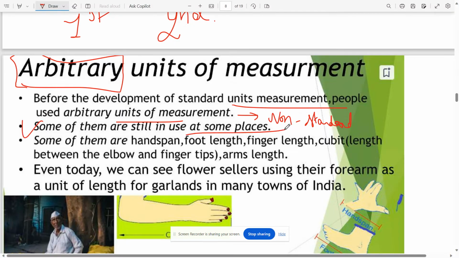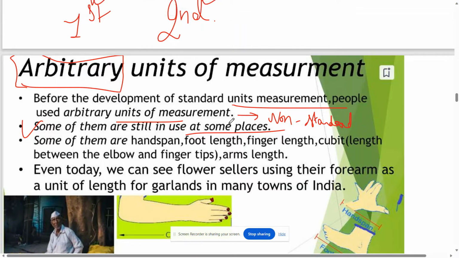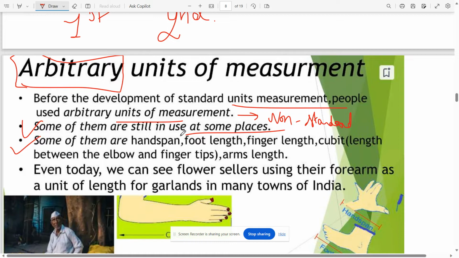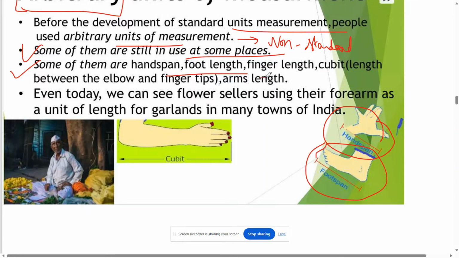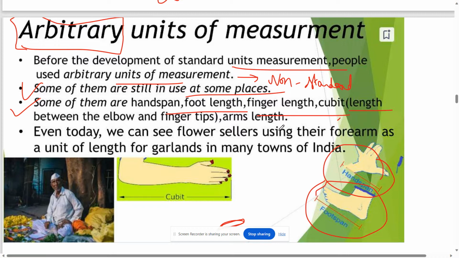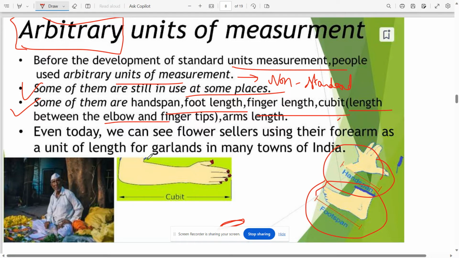Some of them are still used in backward places. Some of them are handspan, foot length, foot span, finger length as expressed in fingers, and cubit, the length between the elbow and the fingertips.